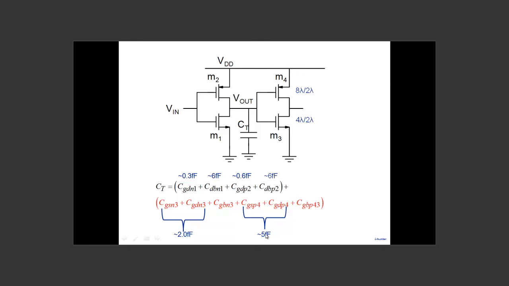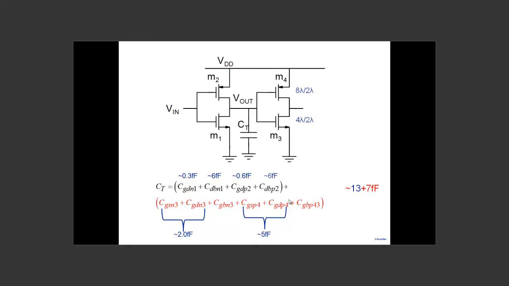So roughly the load here contributes about 7 femtofarad. So total capacitance is 13 plus 7, about 20 femtofarad at this particular node. Note that 13 deliberately I've written in blue, indicating that it belongs to the inverter, and 7 is the load that's coming from the load here.